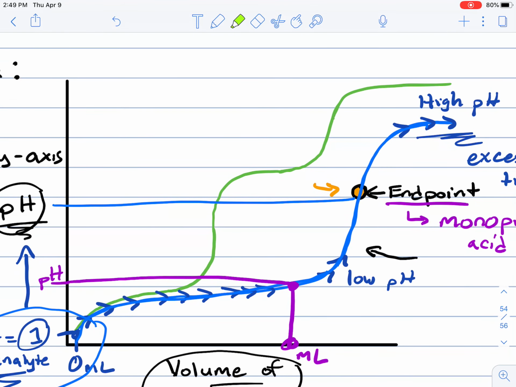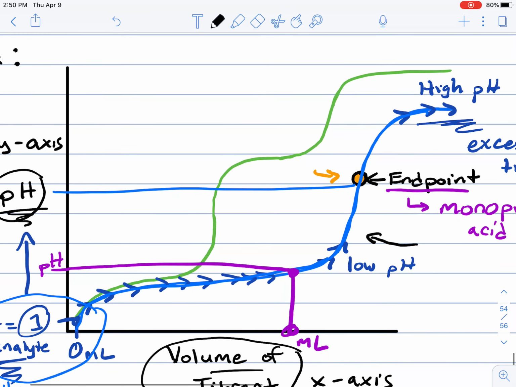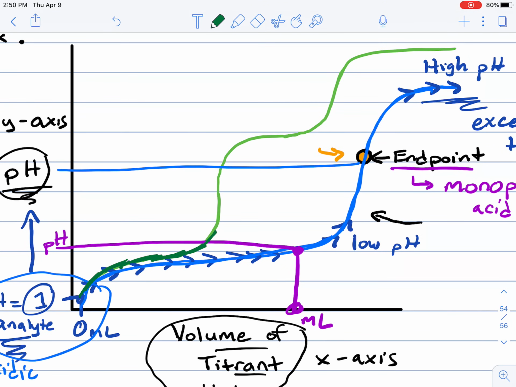So once again, if you're just looking at this green curve, you'll see that as the pH increases by the addition of the titrant, at some point we're going to reach this very steep curve going upwards, and somewhere in the middle is going to represent, once again, the endpoint.